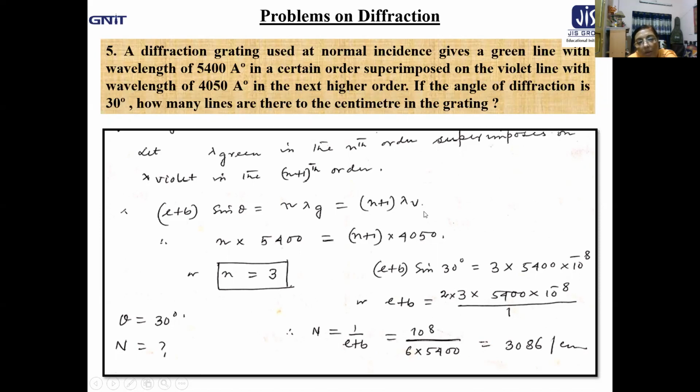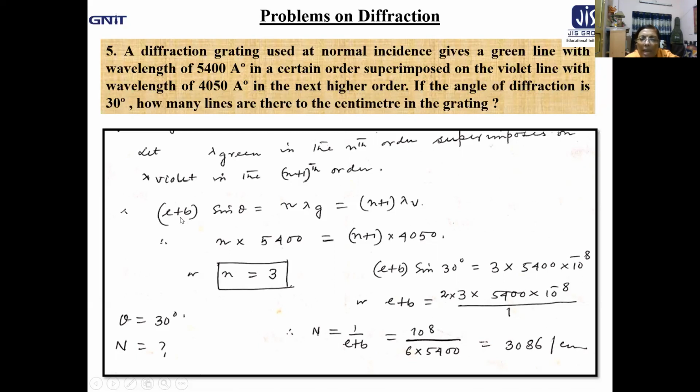Accordingly, we have written, that means the path difference must be the same with these orders and the wavelength, as we already have used in the case of interference too. So here (e plus d) sine theta equal to n into lambda green equal to (n plus 1) into lambda violet. Now consider these two parts first to get the value of the order where it will take place, though it is not asked to find out. But without having the order, you cannot do the problem. So the n value is coming out as 3. Clear?